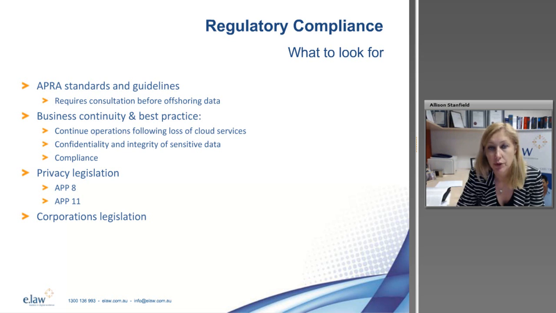Make sure that you're aware of the Privacy Act provisions. You may need to ensure that personal information is deleted or that it's otherwise appropriately dealt with under the Act. And then finally, make sure that you do comply with the Corporations Act.